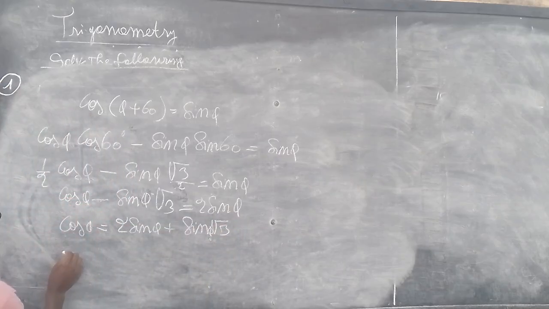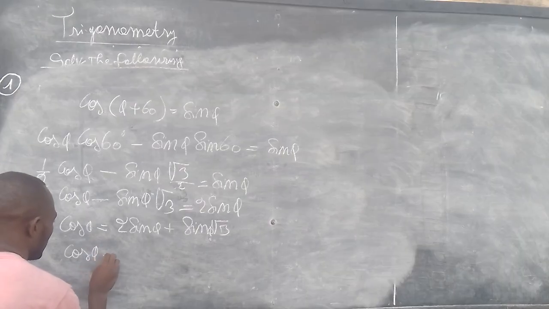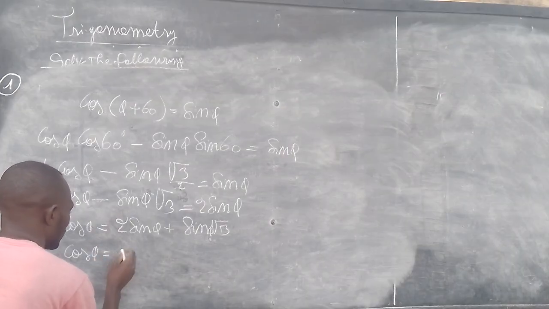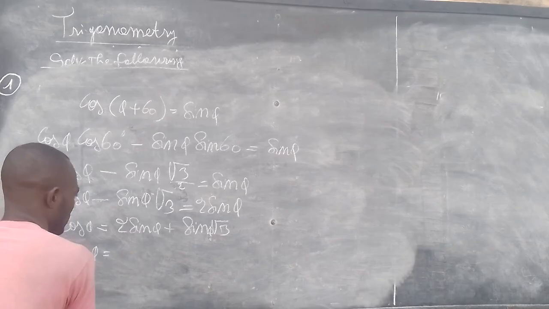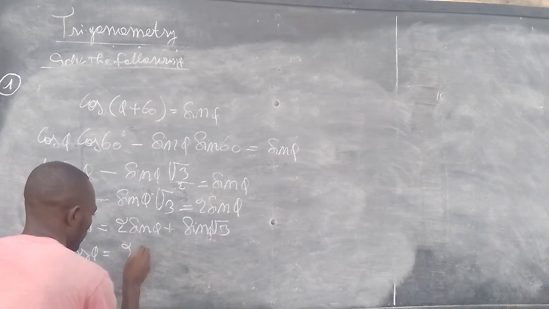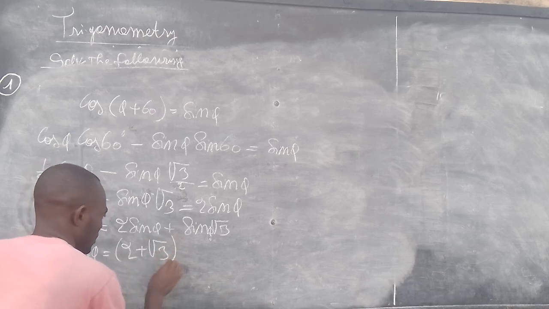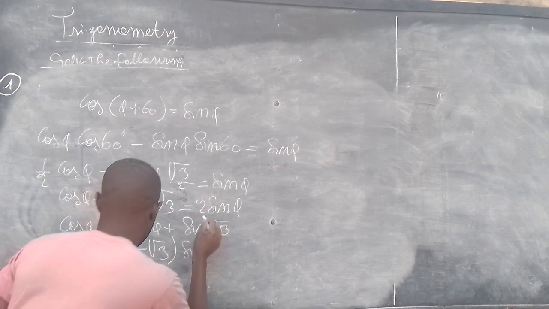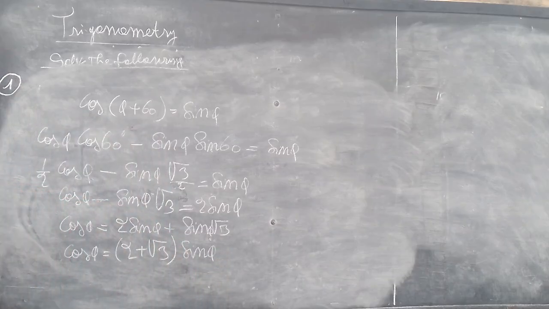So here cosine 5 will be equal to, factorizing, 2 positive square root of 3 times sine 5.